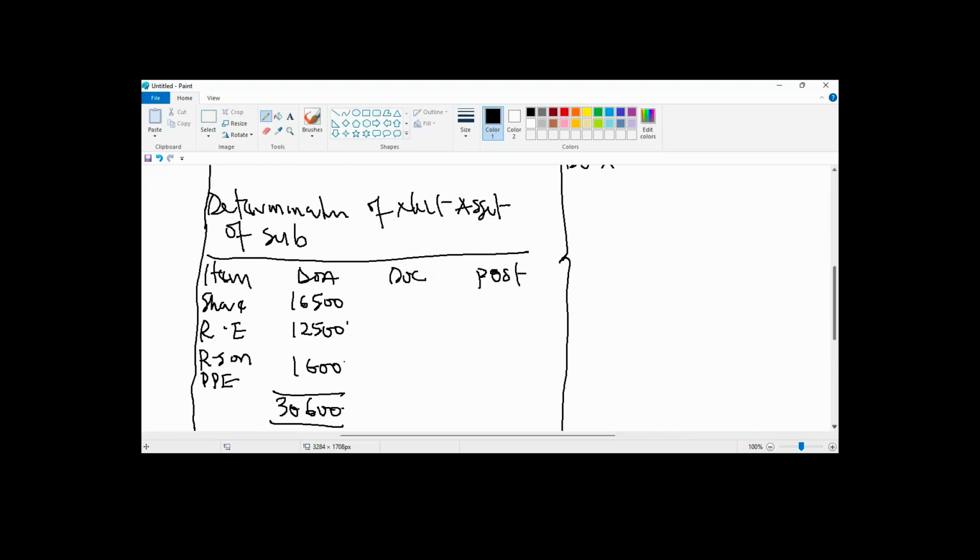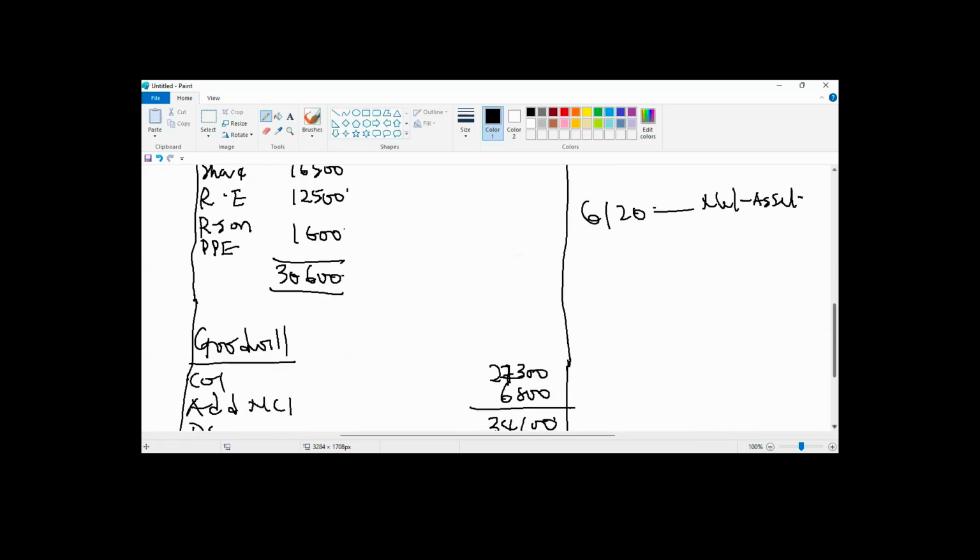NCI will collect 20%: 0.2 times 3,600, NCI is collecting 720 out of the net assets. But the 3,500, which goodwill belongs to the parent? 3,500 is the total goodwill.